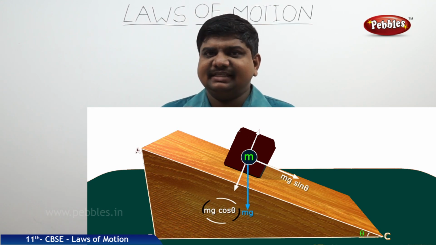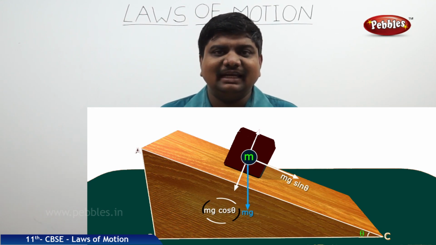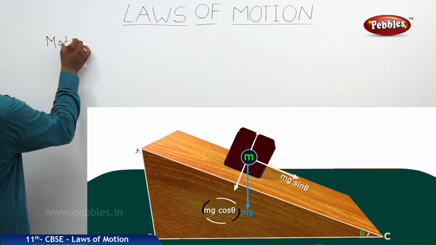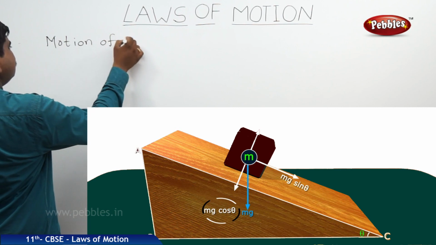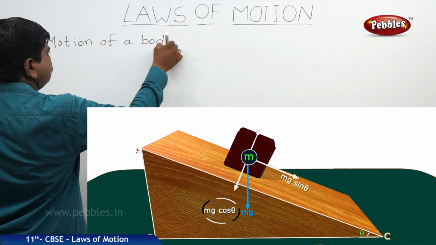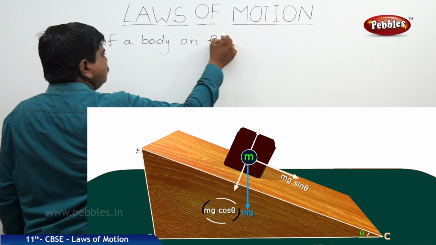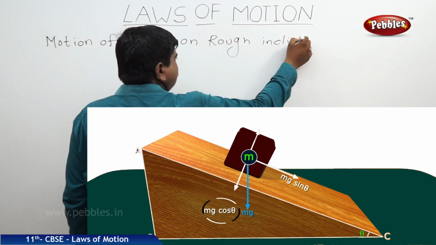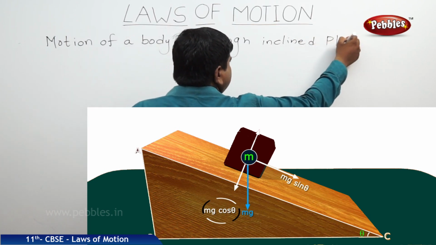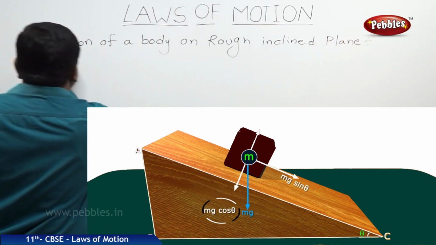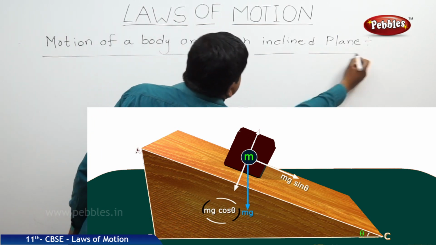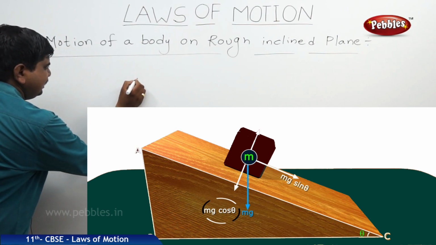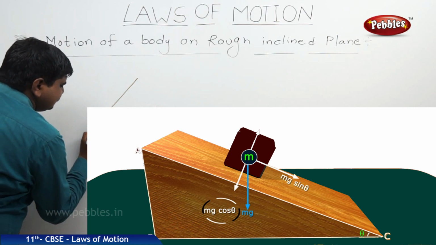The next concept is motion of a body on a rough inclined plane. If the plane is rough, it has friction. So let us take an inclined plane like this.